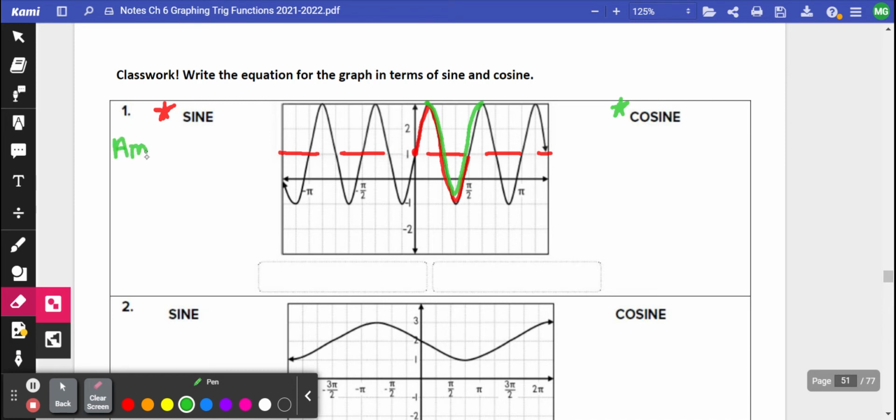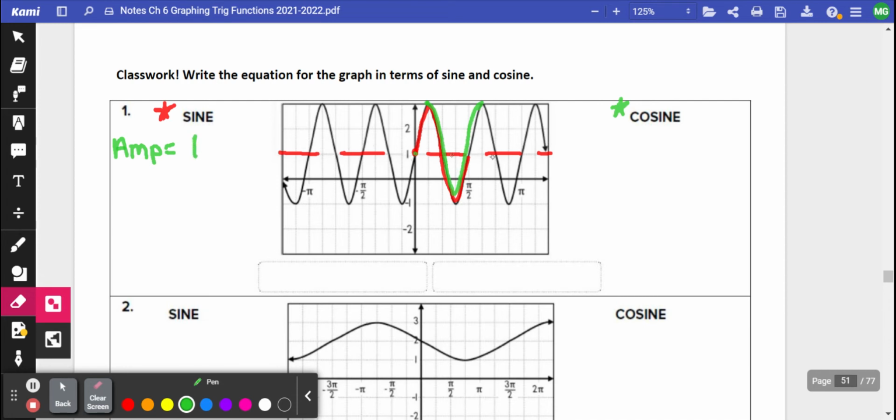Amplitude. Well, this is a high of 3, a low of -1. Okay, 3 minus -1 is 4 divided by 2. I'm sorry, 3 minus 1 is 2 divided by 2 is 1.